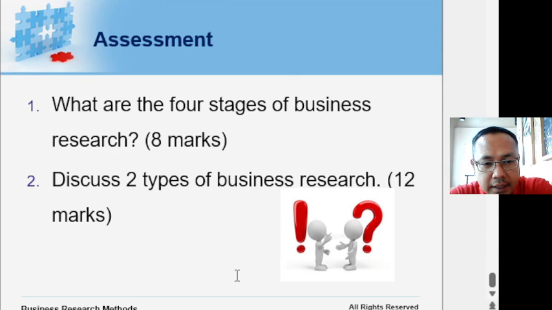There are two assessments that you can see there. What are the 4 stages of business research, and discuss 2 types of business research. These 2 assessments you have to do by yourself, just for your revision.